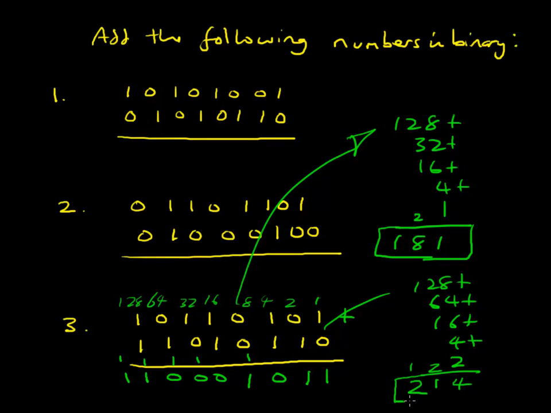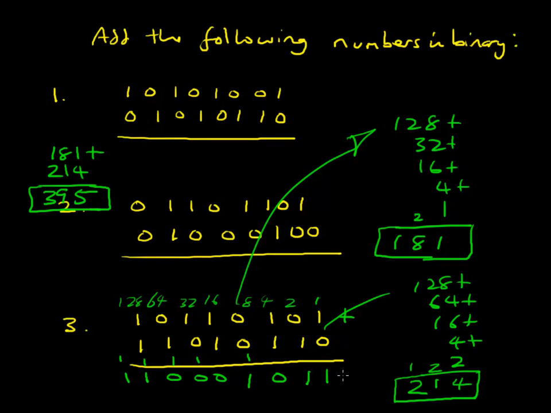So 214 there. If we add these two together, we've got 181 plus 214. So that's going to be 5, it's going to be a 9, and it's going to be 3. So our answer and target that we're looking for is 395.